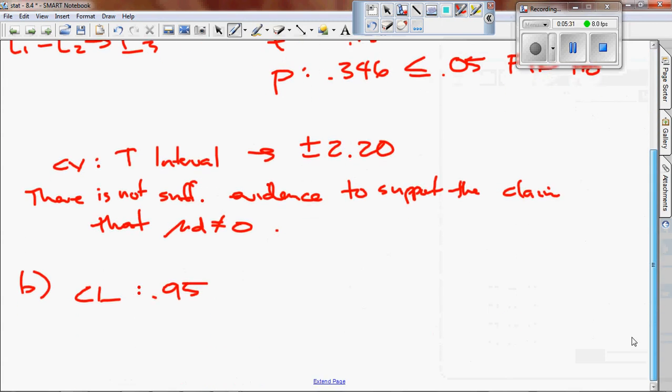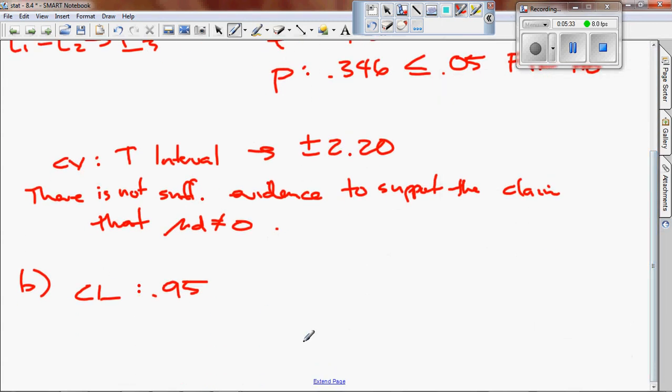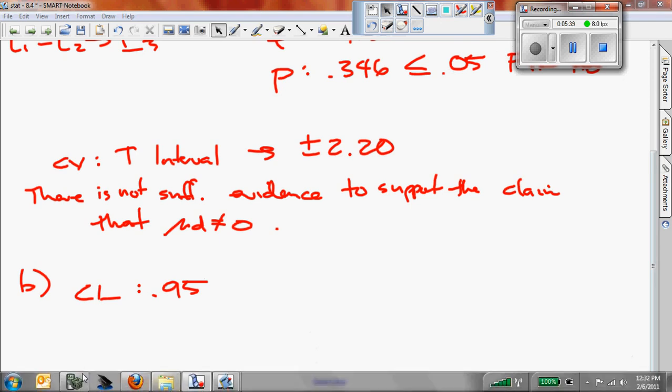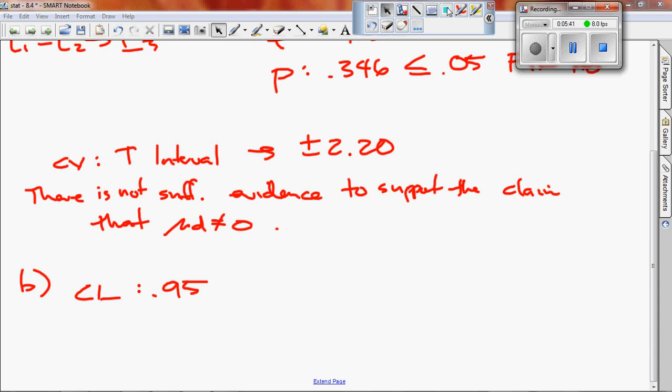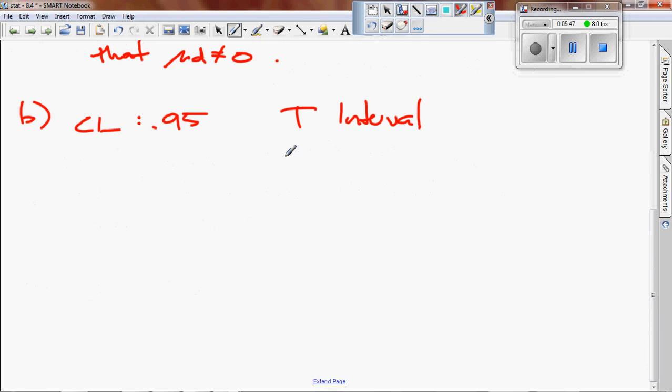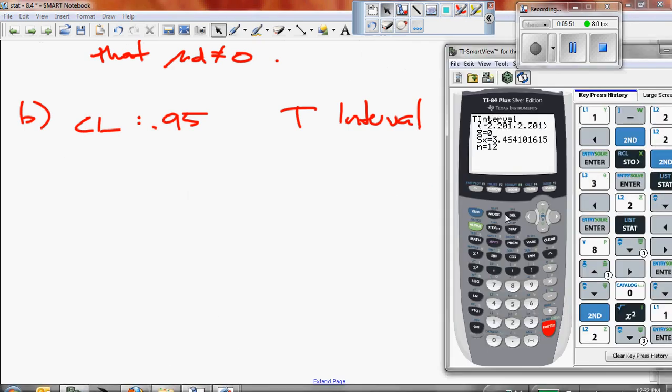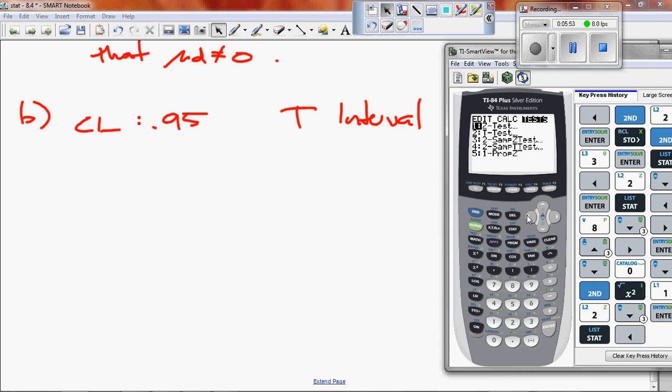And now for the confidence interval, we're going to construct a 95% confidence interval. So we go back to t interval, except now we're going to use the data instead of the statistics. We go to stat, test, t interval.